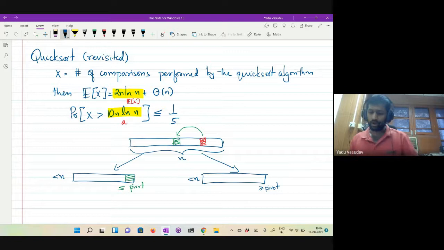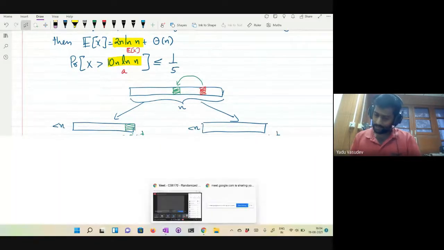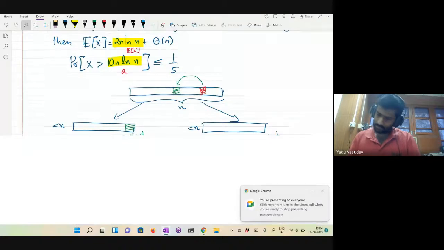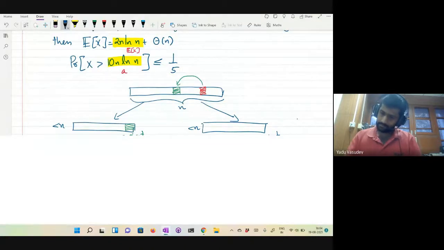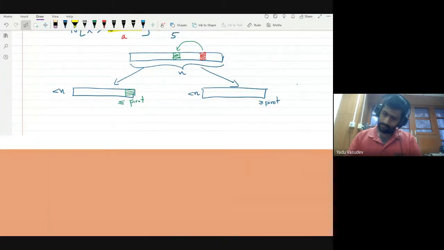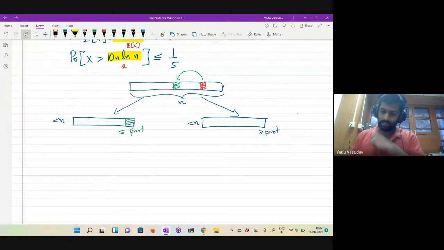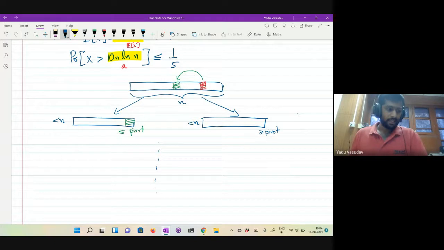So you can draw this sort of recursion tree for the quicksort algorithm, and you can write the running time as follows.